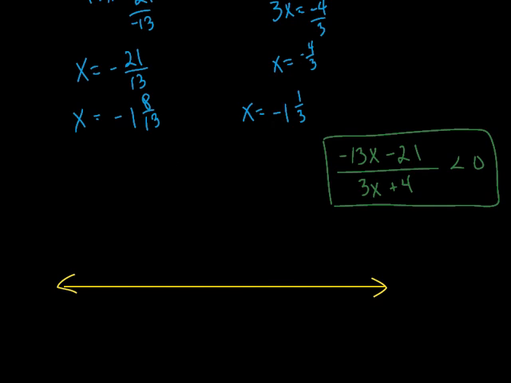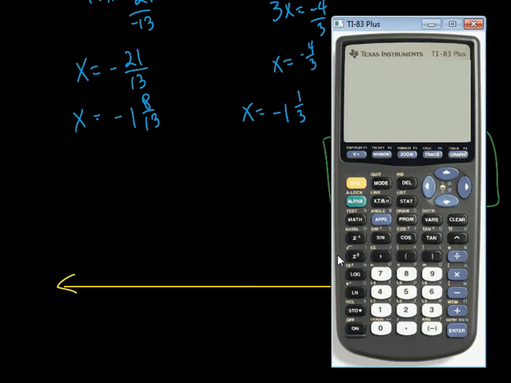Which one's smaller? A third, 8. Yeah, this is actually smaller, isn't it? If you're not really sure about it, what can you do? Plug it in a calculator. Let's get a calculator up. Just to make sure we know which one's smaller and which one's bigger, let's just plug the numbers in.